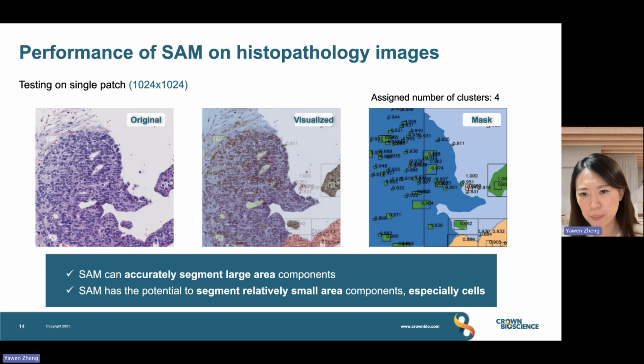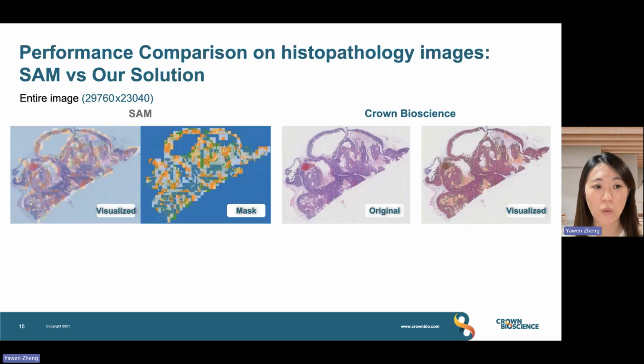The blue color means the tumor, the baby blue color means the background, and the green color maybe means the necrotic areas. And besides it, we found that SAM has the potential to segment relatively small area components, especially the cells.